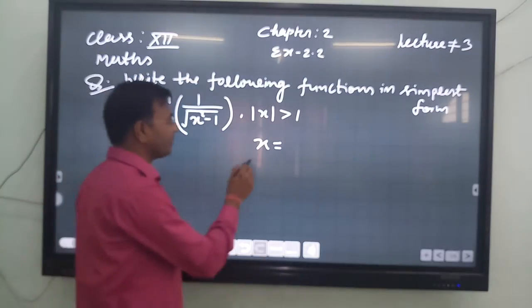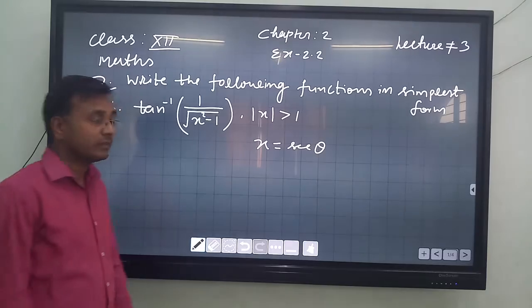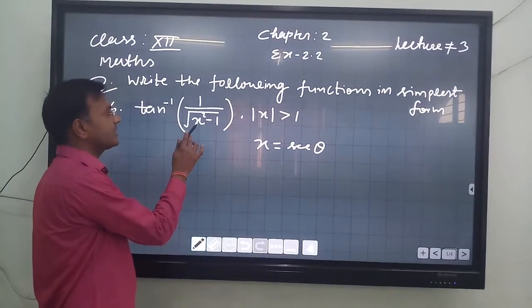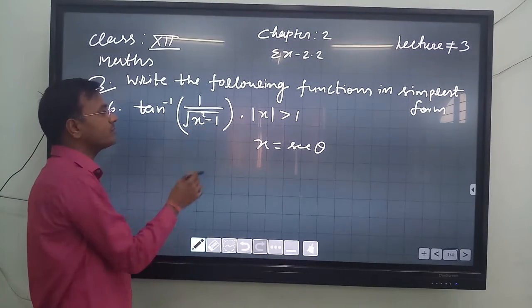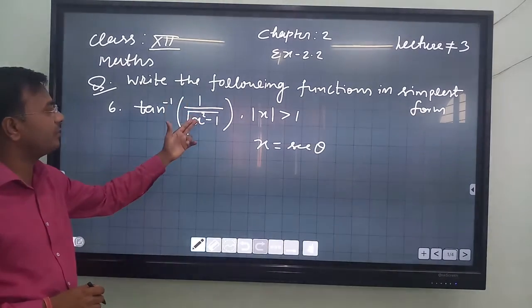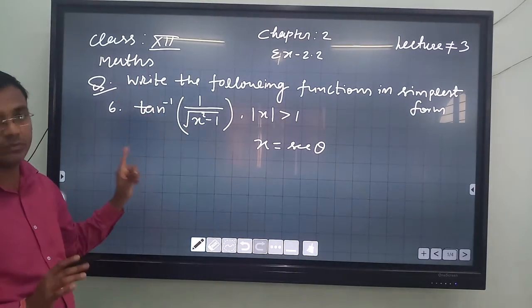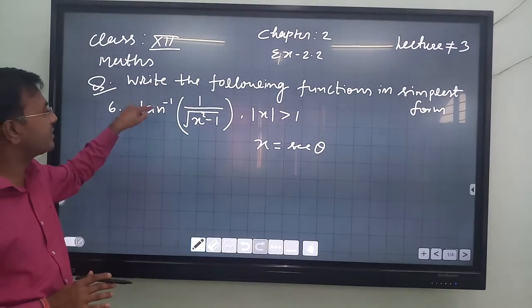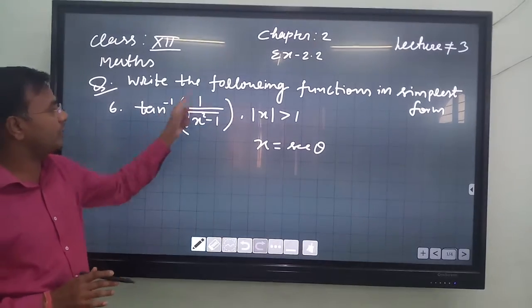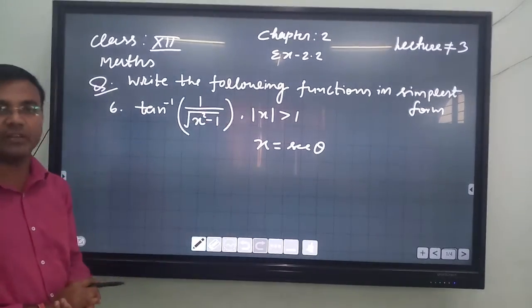For example, if I put x equals to sec theta, then sec square theta minus 1 becomes tan square theta, and 1 upon tan becomes cot theta, and cot can be connected to tan, because whatever function is here, the tan inverse is here. So we have to reduce this expression so that it comes in terms of tan only.